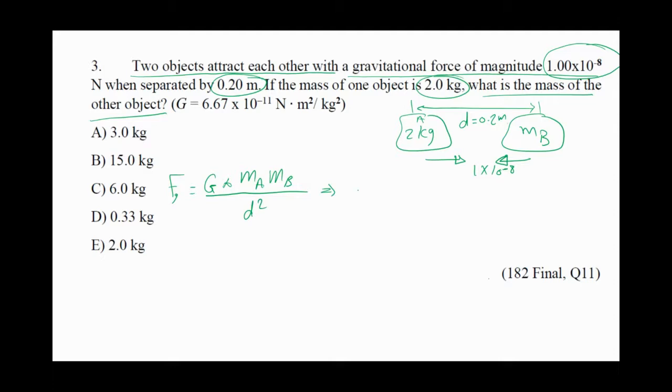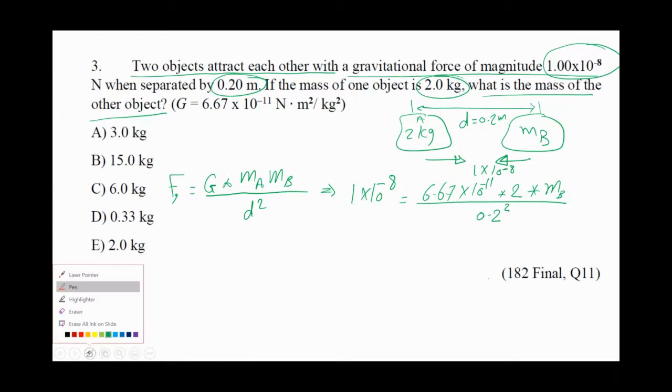I know the force is 1 times 10 to negative 8. G is 6.67 times 10 to negative 11. First mass is 2 kilograms. Second mass is M sub B, divided by the distance square, which is 0.2 square. So don't forget the square. So 0.2 square is 0.04.